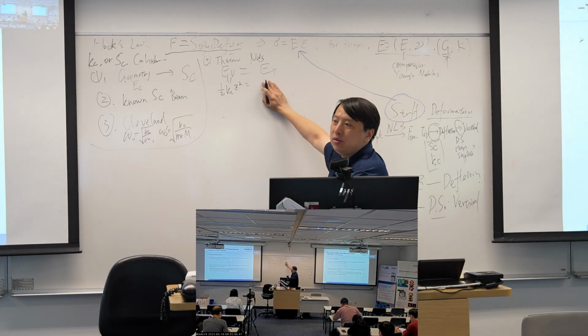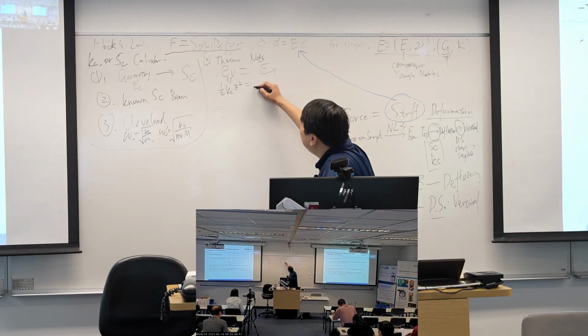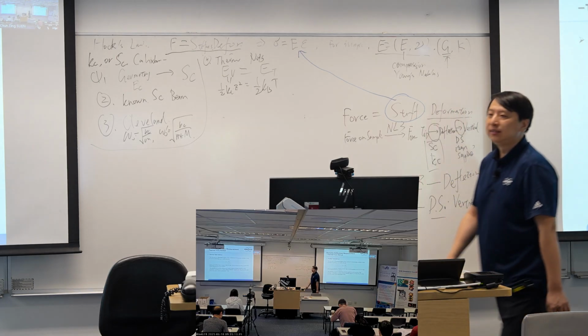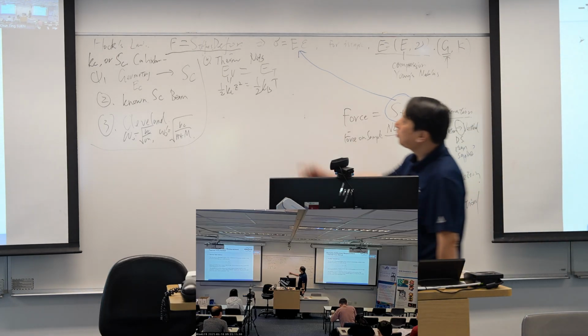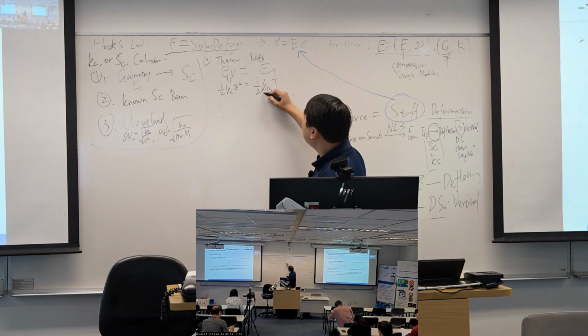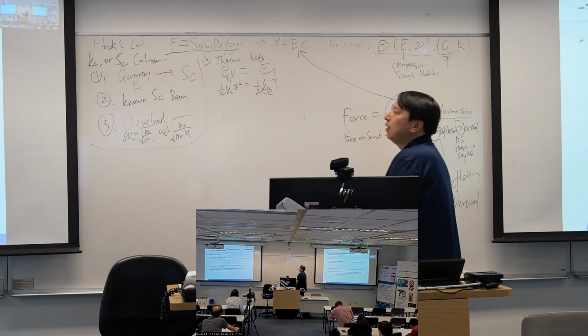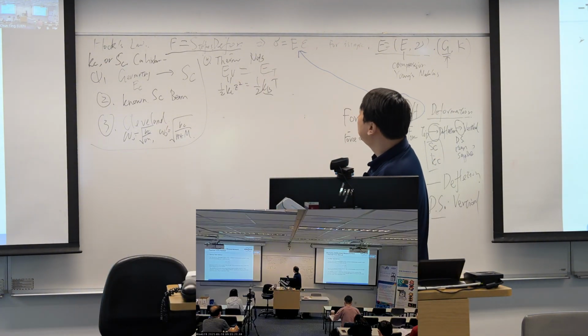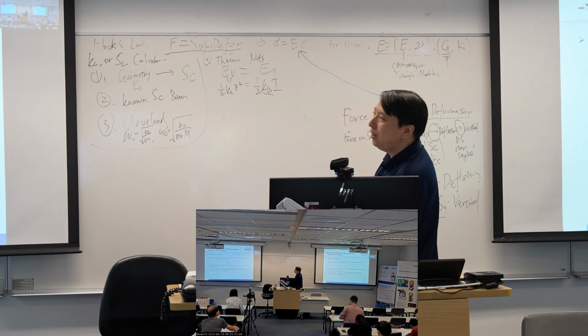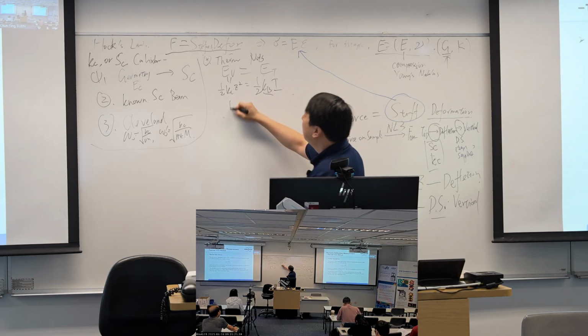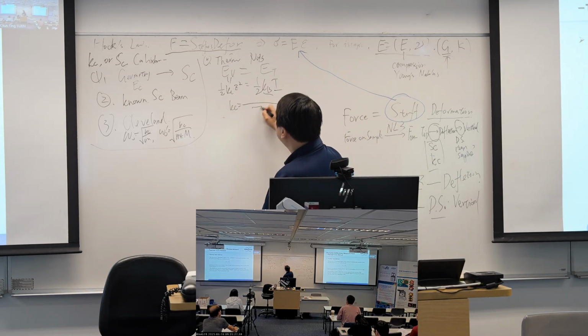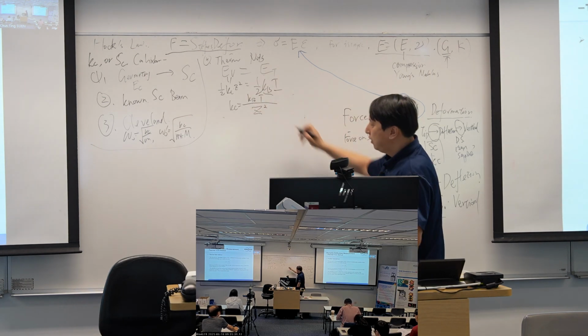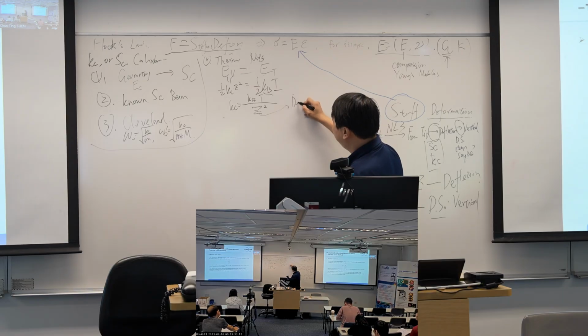For the thermal energy we use thermodynamic theory, and it is kBT. The Boltzmann constant kB is known. The temperature we can easily measure, and then Kc just equals kBT over Z squared, and Z here means the deflection.